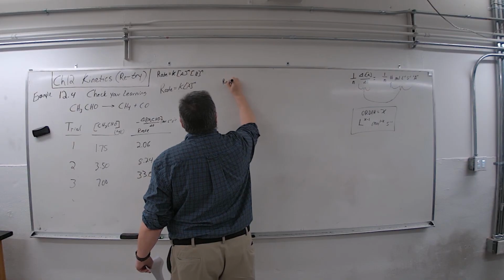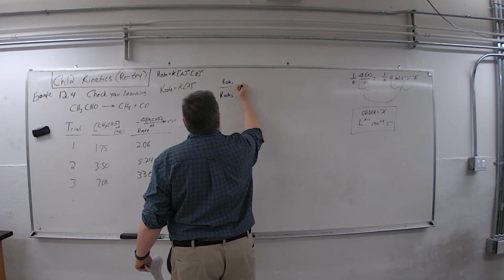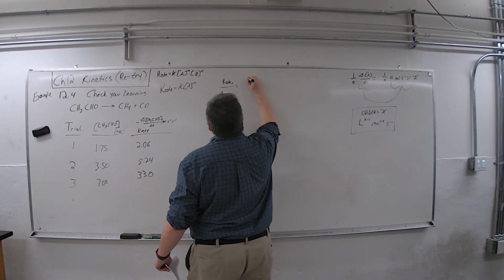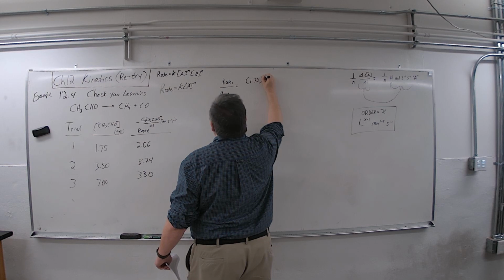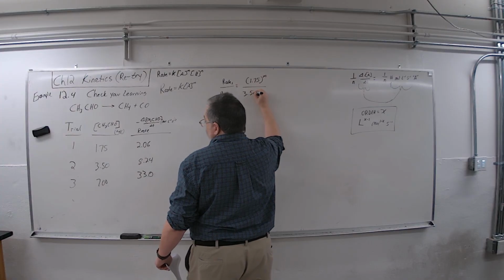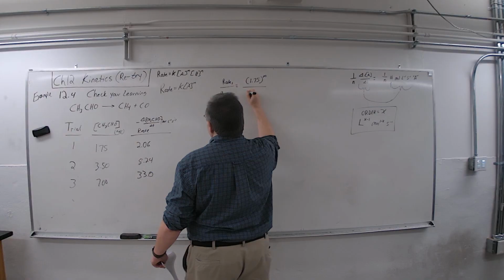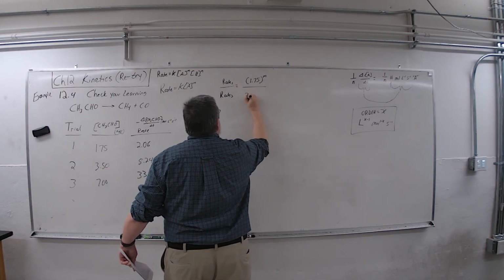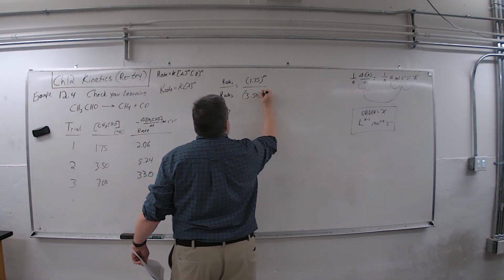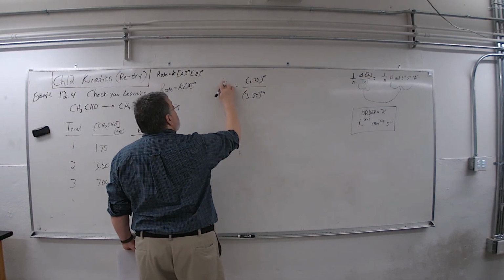Let's do rate 1 over rate 2 equals, 1.75 over 3.50 to the M. Rate 1 is 2.06.